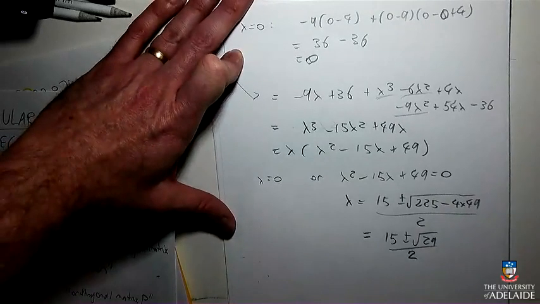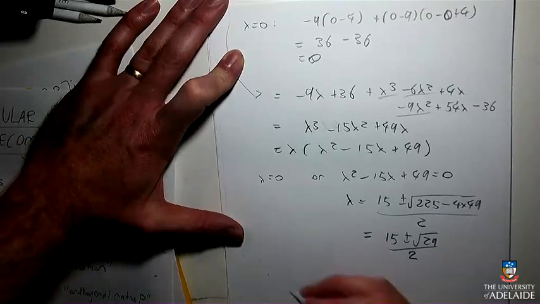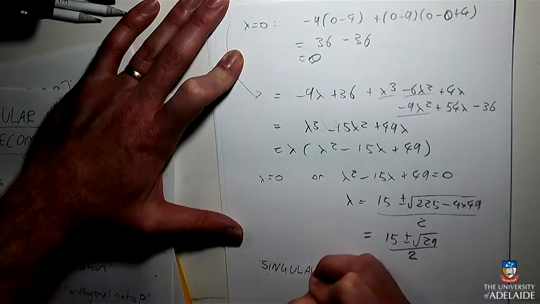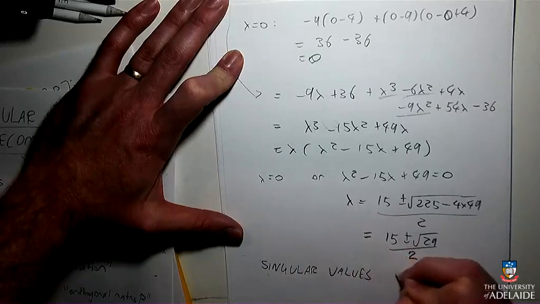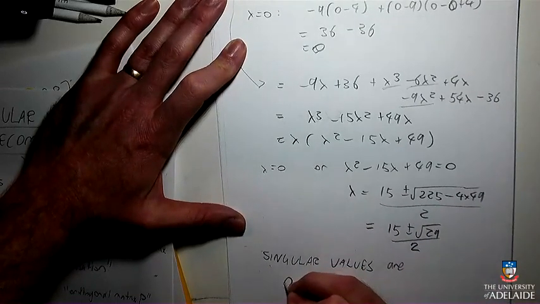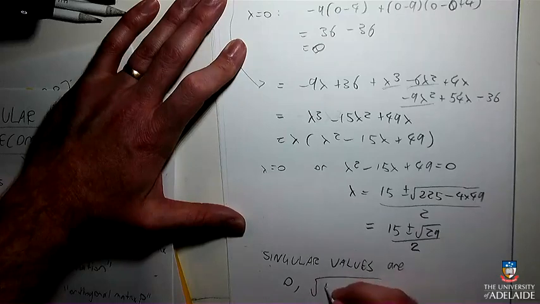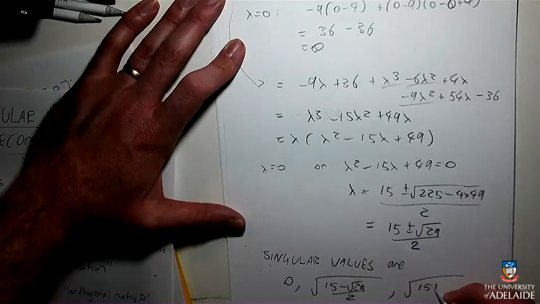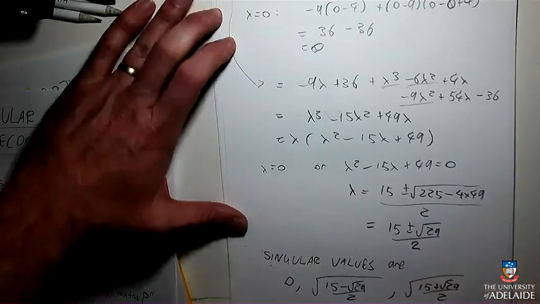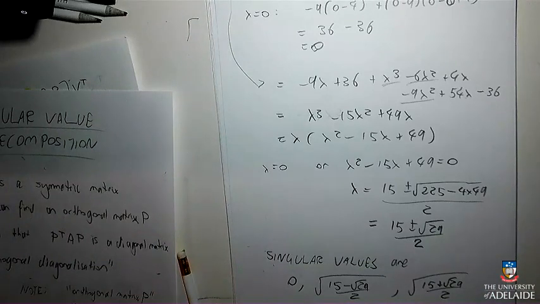And so therefore the singular values are zero, square root of 0, and the square root of 15 minus root 29 over 2, and the square root of 15 plus root 29 over 2. Bang! Right. Oh, that's so exciting. I love it when things work. Cool. Whatever they are. I don't know what they are.